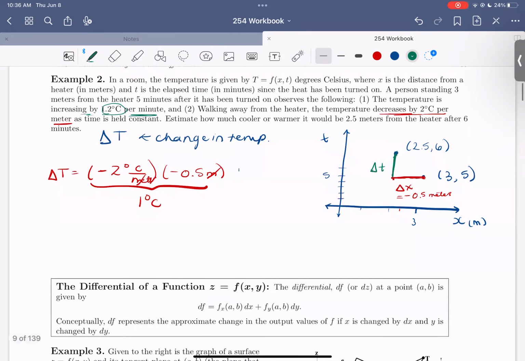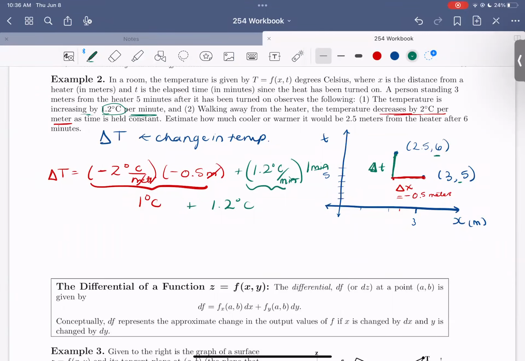So here we know that we have 1.2 degrees Celsius per minute change in the time direction, and our change of time from 5 to 6 is 1 minute. So canceling out minutes, the change in temperature just from the change of time is going to be 1.2 degrees Celsius.